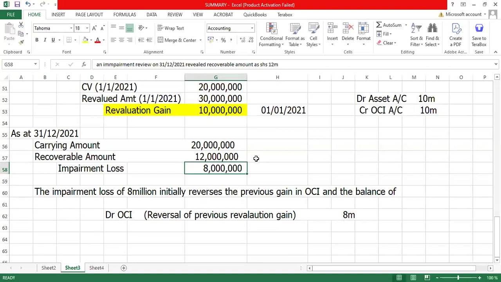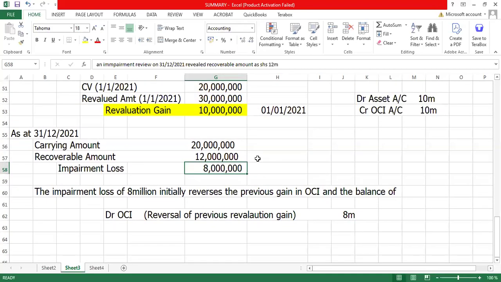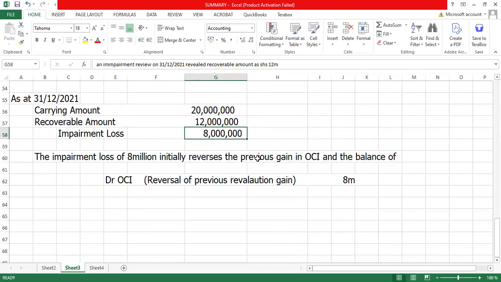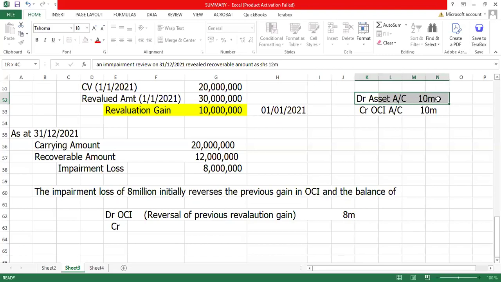So if you reverse that, already the asset was debited, so you also reverse that 8. You credit the asset by 8 million.